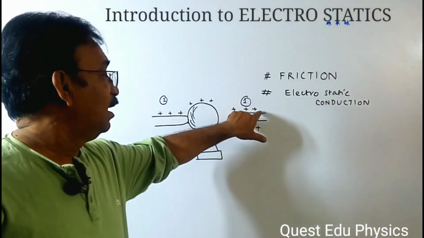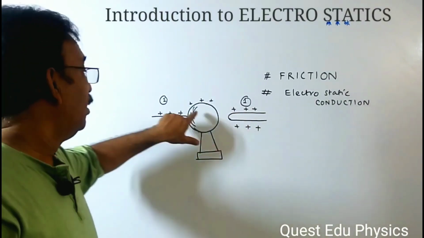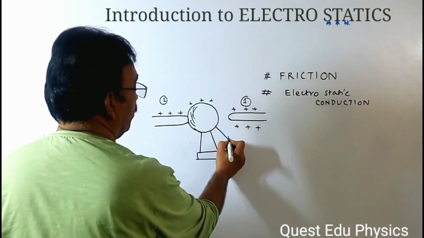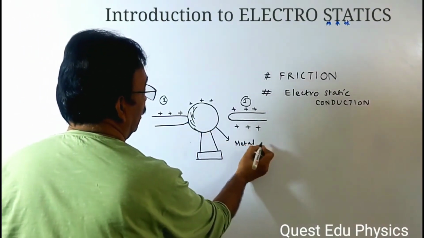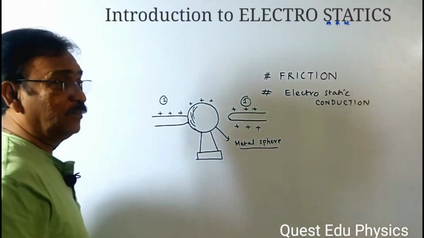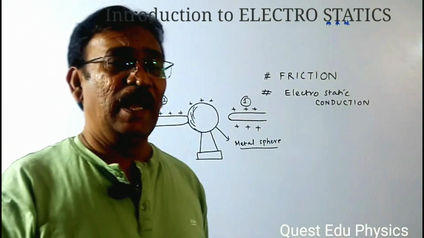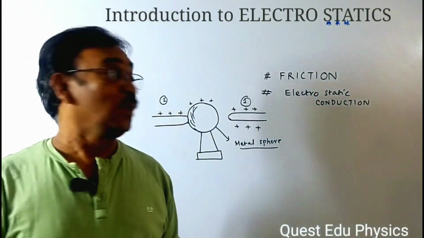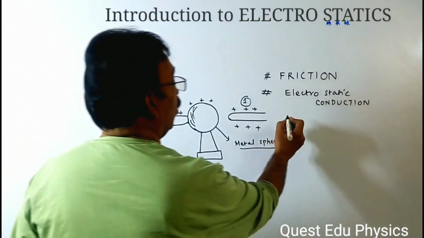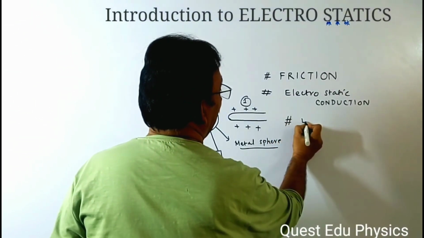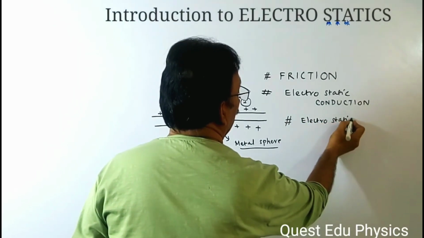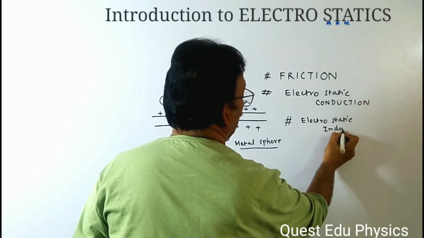The 6 units of positive charge are shared with this metal sphere, which was initially neutral, and this process is known as electrostatic conduction, students. And we have one more process, which is called electrostatic induction.